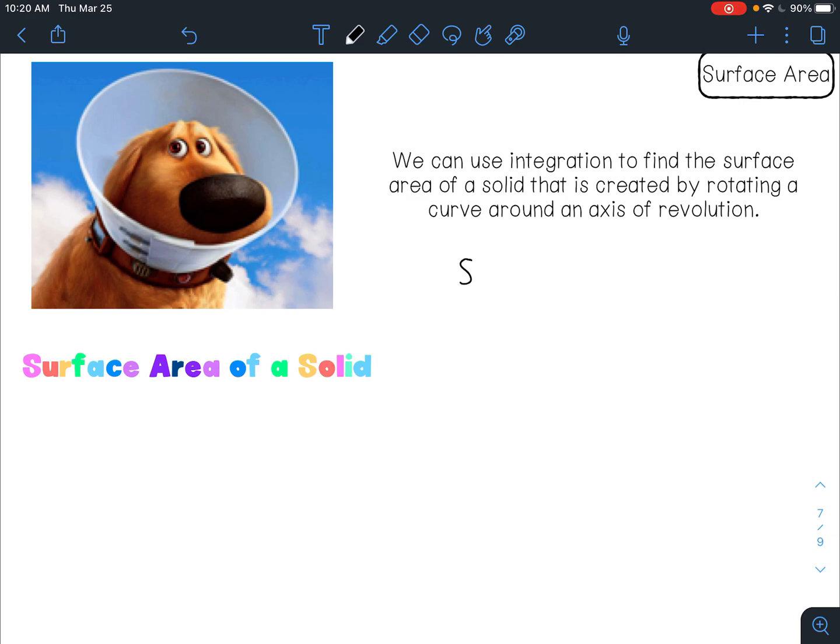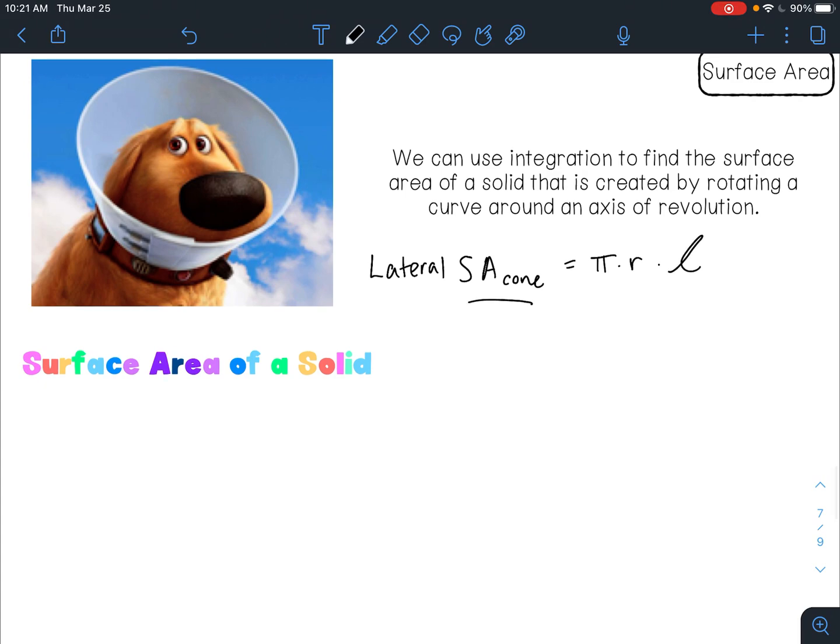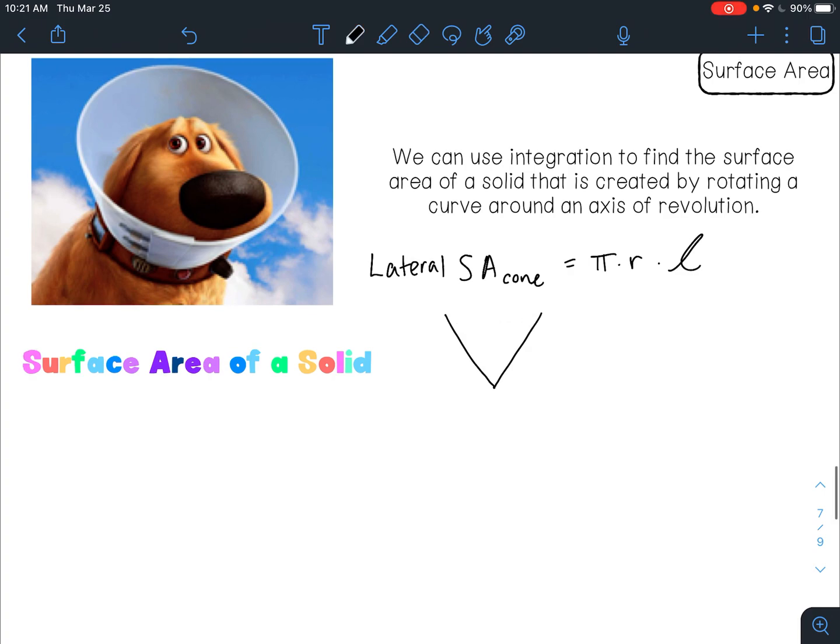But if we think about just finding the lateral surface area of a cone, that just means the surface area not including the circle at the base. That's equal to pi times r times what we call L. So let's see if I can draw a good cone here. We're not going to include the top, so I'll draw it with an open top.